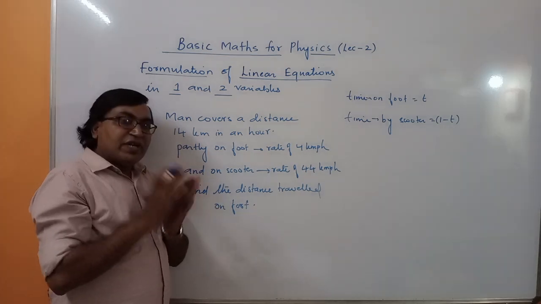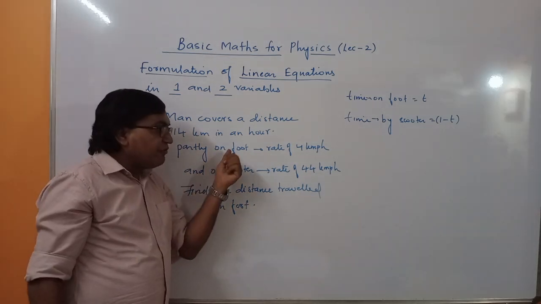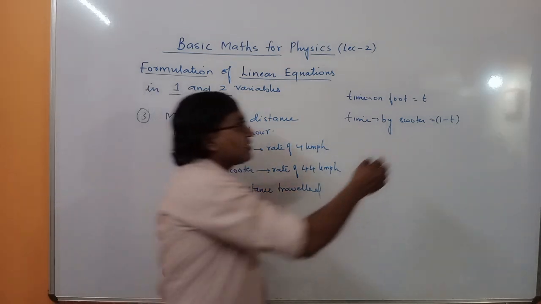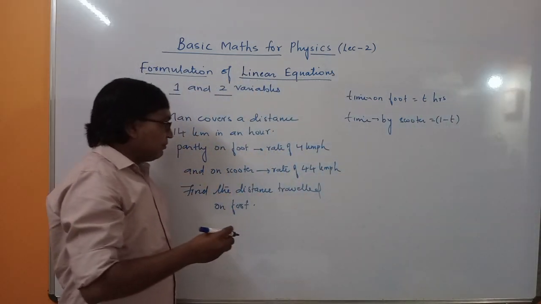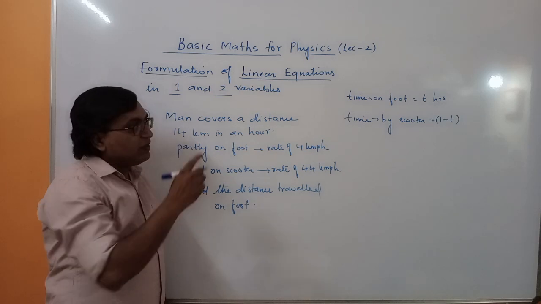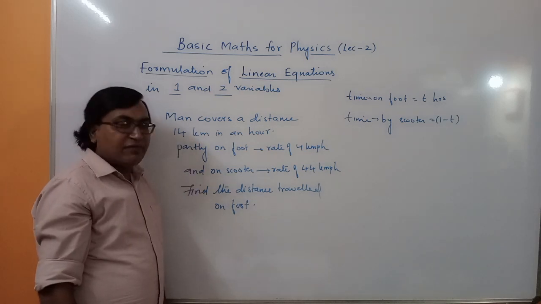So the time for which he has traveled on foot is T hours. Then time on scooter will be 1 hour minus T hours.